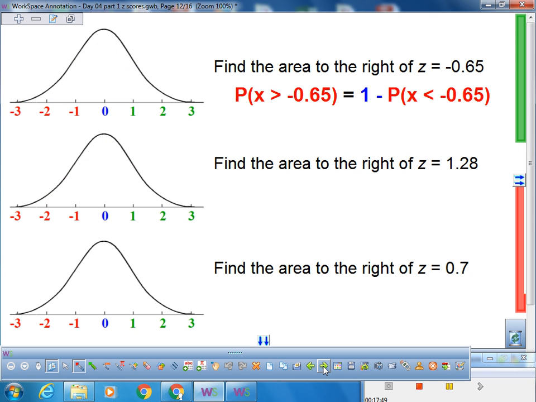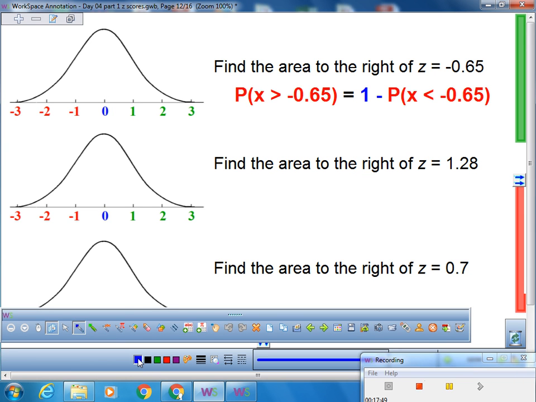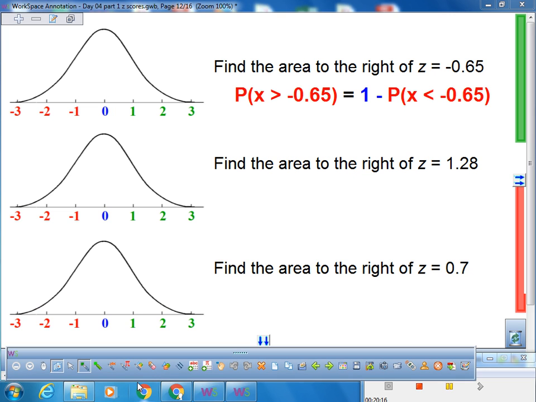Okay, what about find the area to the right? If you look at the top of your z-table, doesn't it only show the areas to the left? Yes. So you're going to have to subtract. If I want to find the area to the right of negative 0.65, negative 0.65 is somewhere like right here.